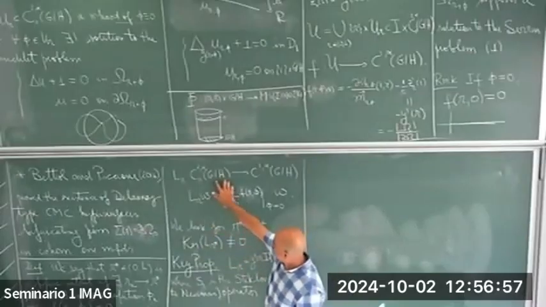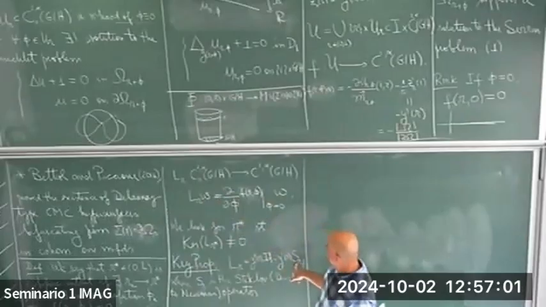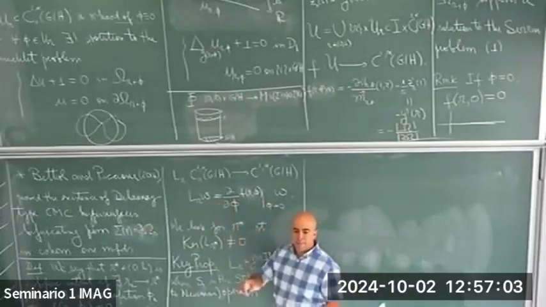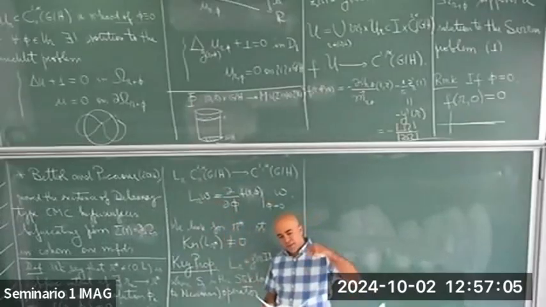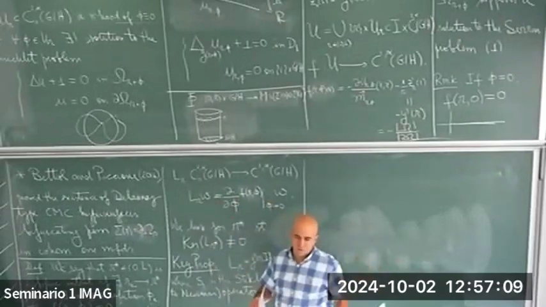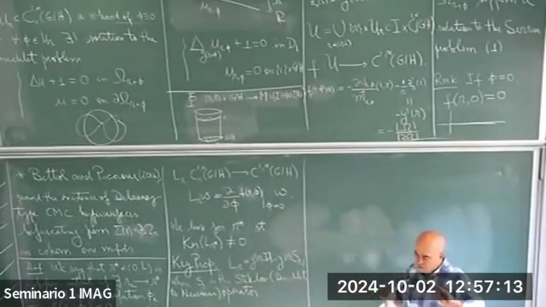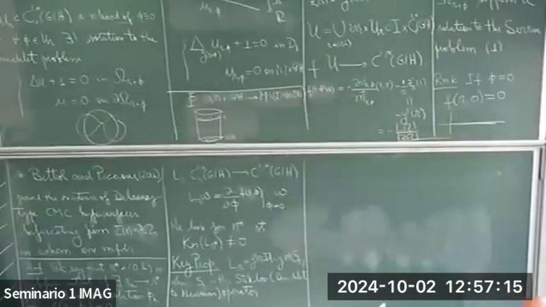So you take a function here, and S_R of this function is the derivative of omega, of the harmonic extension of omega to the boundary. So this is the usual Steklov operator.